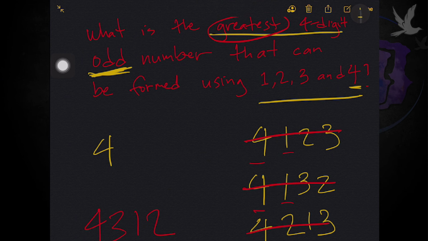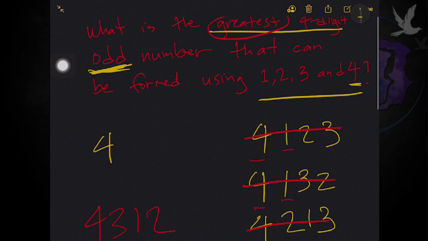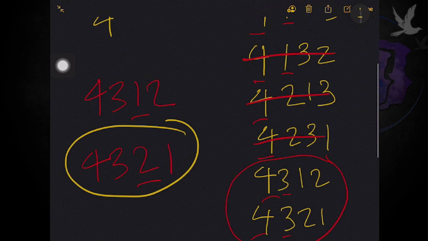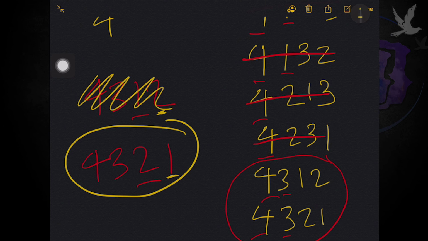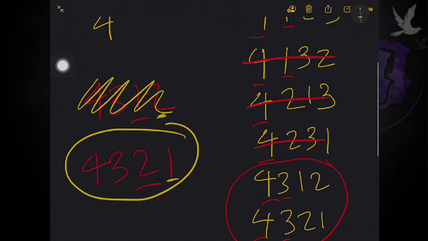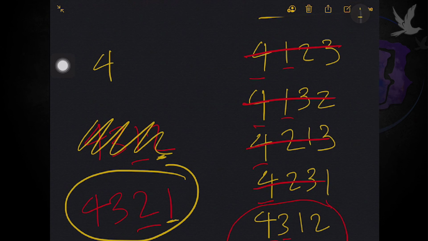The numbers that end with 1, 3, 5, 7, and 9. This number ends with 1, and this number ends with 2. So we have to eliminate this immediately, kasi this ends with an even number. So in this case, our answer here is 4, 3, 2, 1.